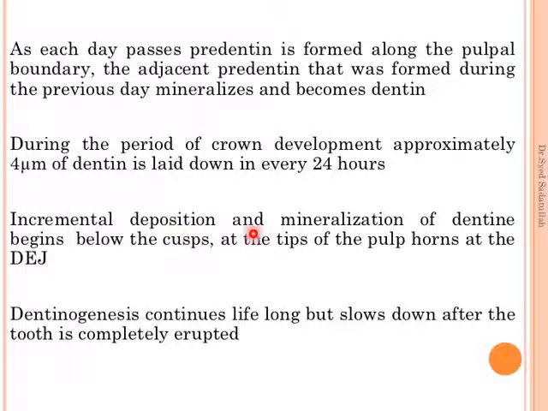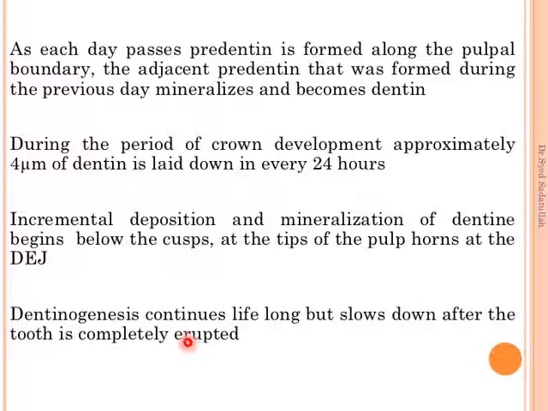Incremental deposition and mineralization of dentin begin below the cusp. So the dentin formation starts at the cusp tip, and then at the tip of the pulpal horn at the dentino-enamel junction, and then continues cervically. Dentinogenesis continues lifelong, but slows down after the tooth is completely erupted.